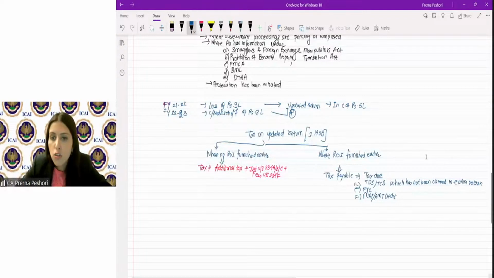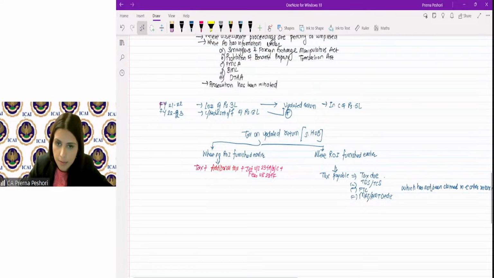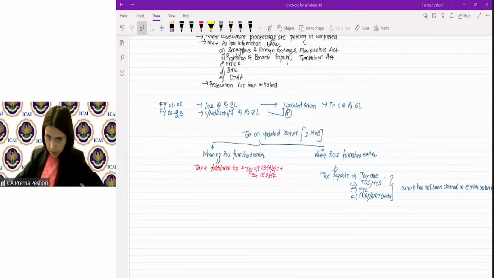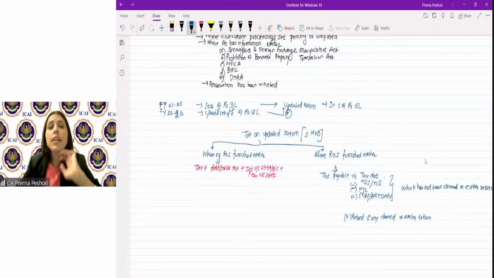So these should not have been claimed earlier. Okay, these should not have been claimed earlier. And increase by the refund, if any, claimed in earlier return. Because you cannot increase the refund, you can convert refund to the tax.